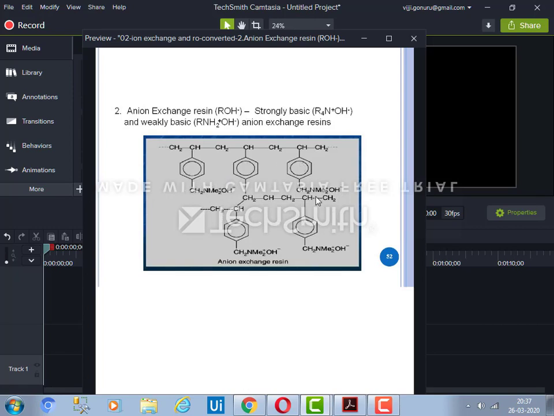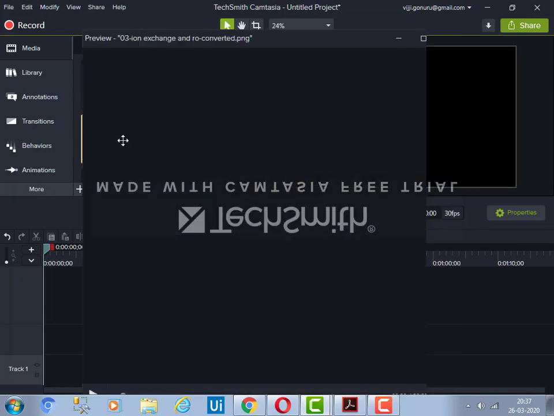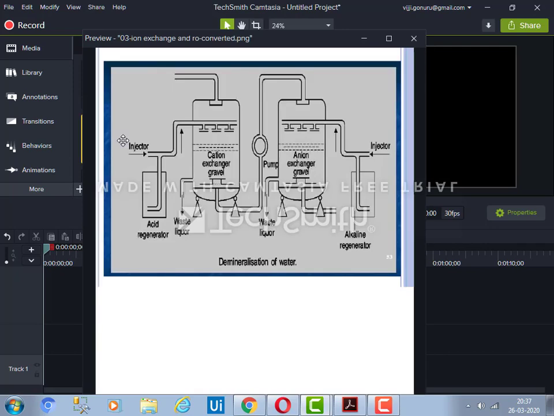In the cation exchange resin, H+ ions are replaced by calcium and magnesium, whereas in the anion exchange resin, OH minus is replaced by bicarbonates, chlorides, sulfates and nitrates.